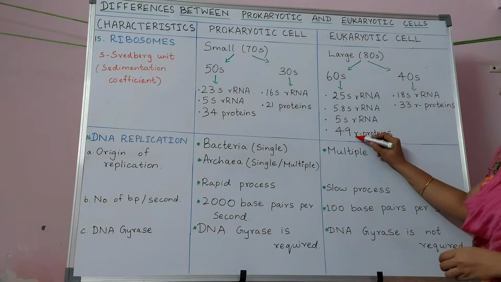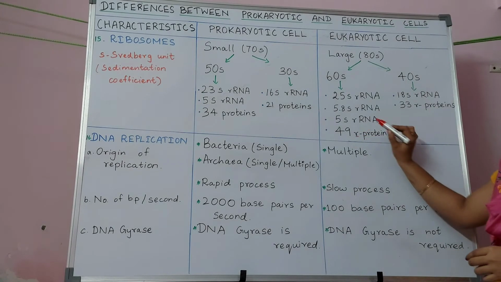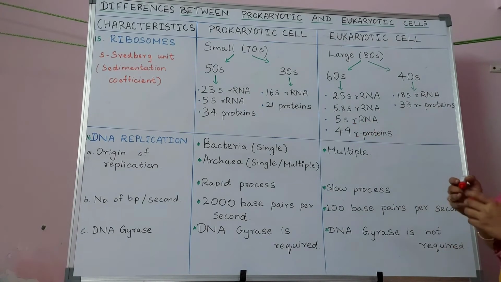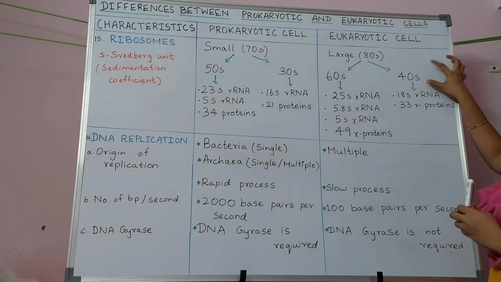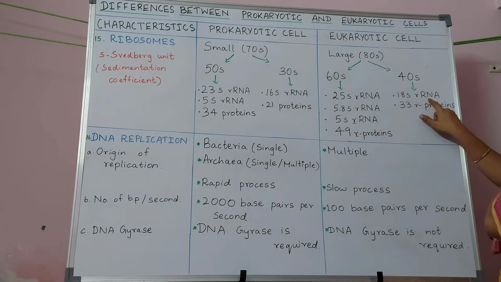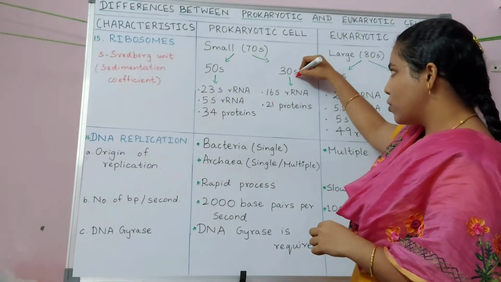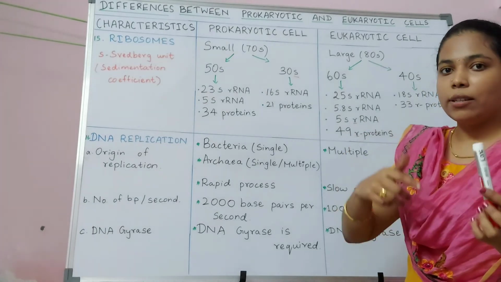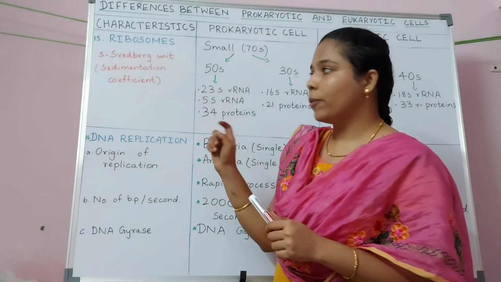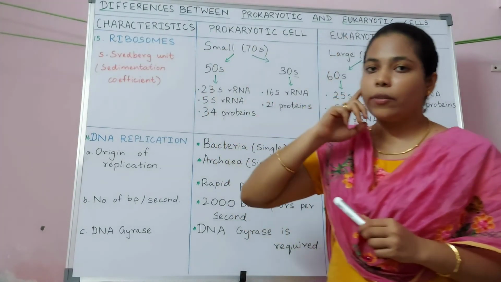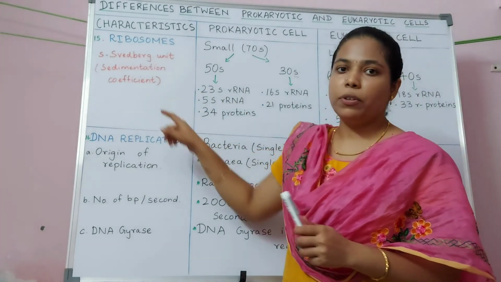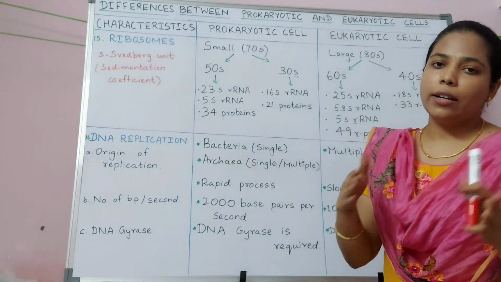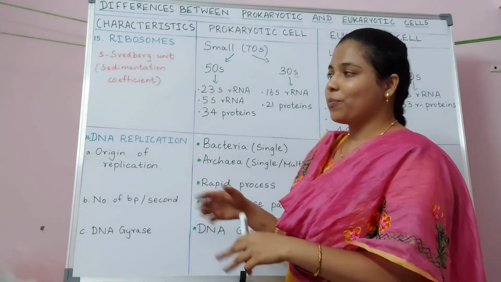This R refers to ribosomal proteins, ribosomal RNA, and this small 40S subunit contains 18S rRNA and 33 R proteins inside it. This S refers to Svedberg unit. It is named after the scientist Sir Theodor Svedberg who discovered it. This Svedberg unit refers to sedimentation coefficient of a particle in an ultracentrifuge machine.